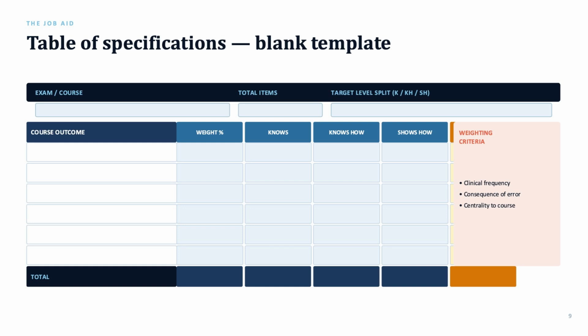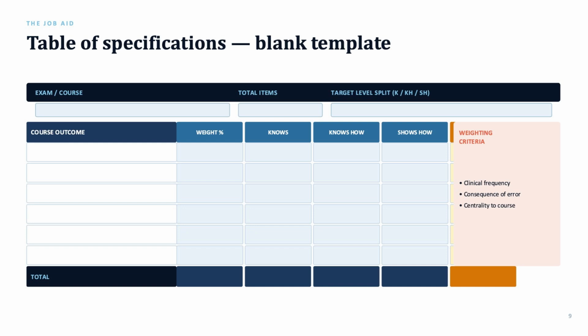This slide displays a blank template for a table of specifications, an essential tool for designing valid and balanced assessments. At the top, we define the exam course and the total items. Crucially, we establish the target level split, which delineates the distribution across cognitive levels: knows, knows how, and shows how.